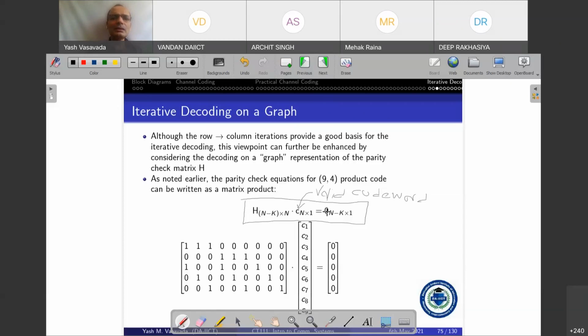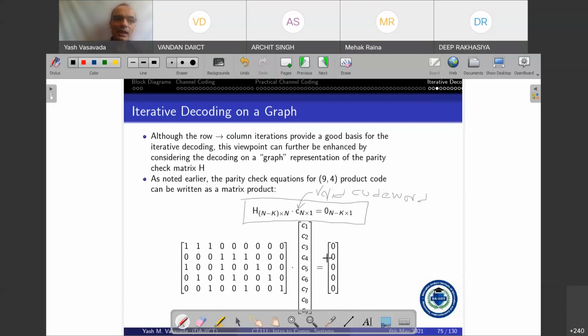And this we had already noted earlier, but in case you're fuzzy about it, all that this parity check equation does is calculate the parities, but the product code is defined to satisfy all the parities. That is how the parity bits are added in each row and in each column.